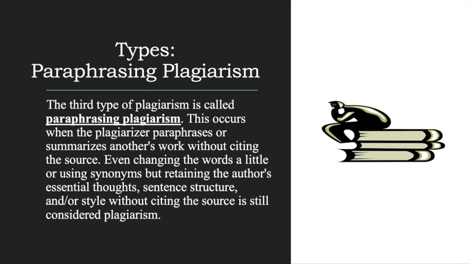Another type of plagiarism is called paraphrasing plagiarism. This occurs when the plagiarizer paraphrases or summarizes another's work without citing the source. Even changing the words a little or using synonyms, but retaining the author's essential thoughts, sentence structure, and/or style without citing the source is still considered plagiarism.